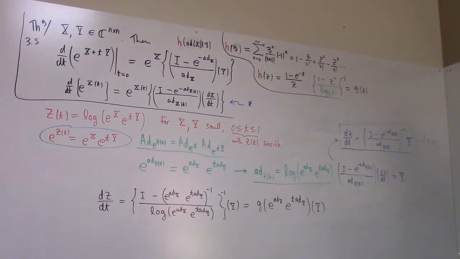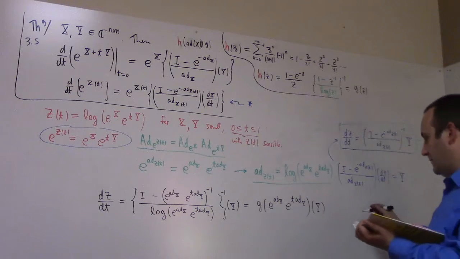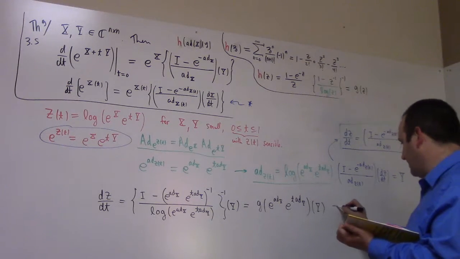And so then, he says it's not hard to show. I will take him at his word. And so now what you do is just integrate this thing from 0 to 1.